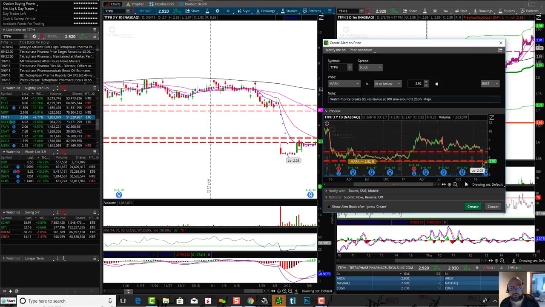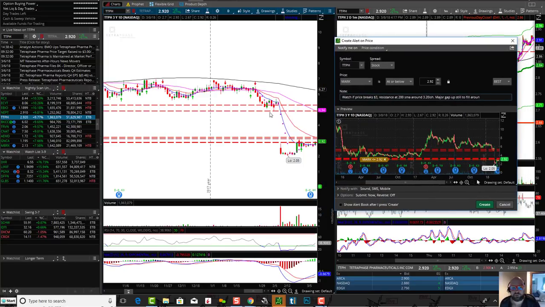Major gap up still to fill around, is that 4.90? Around 4.94.